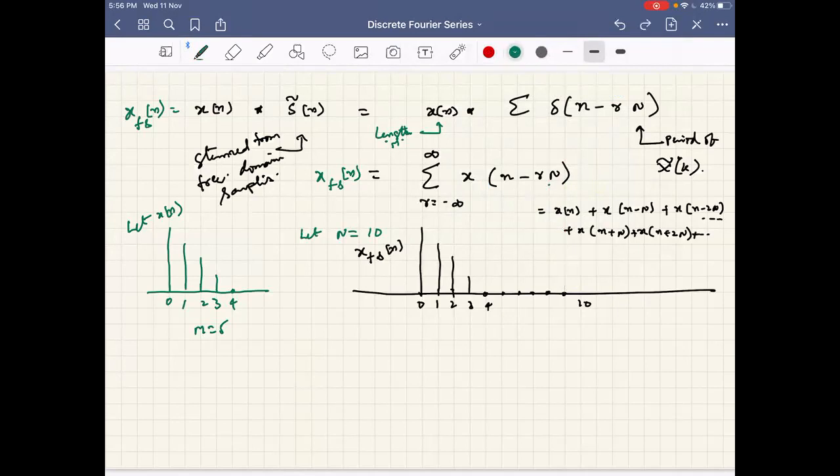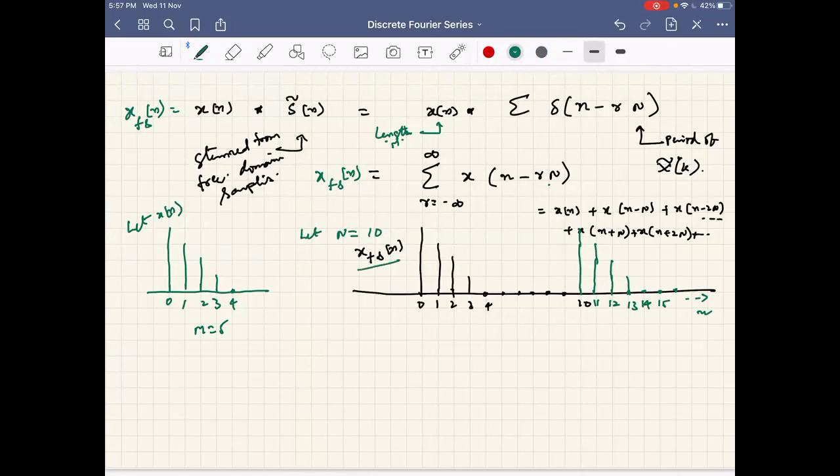Or even a completely different color, let it be. 10, 11, 12, 13, 14, 15, and so on. So this is x tilde of n, right?